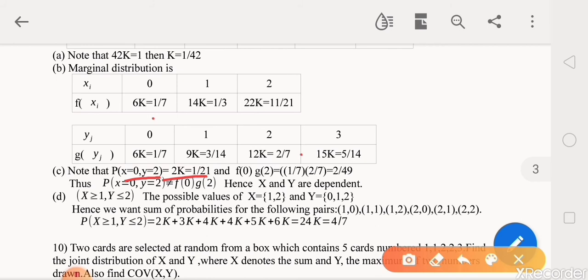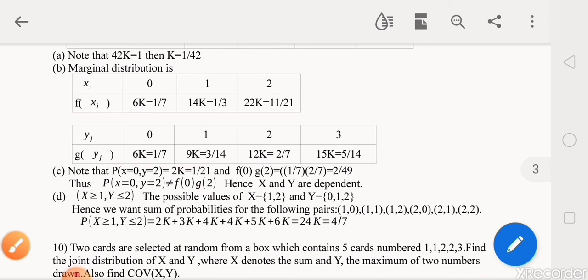It is same as 2 by 49. So probability for x equal to 0, y equal to 2 is not same as product of marginal distributions. So we got one pair of x and y not satisfying the definition of independent random variable, hence x and y are dependent.